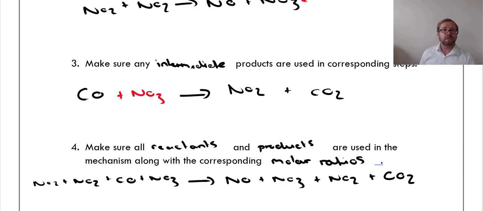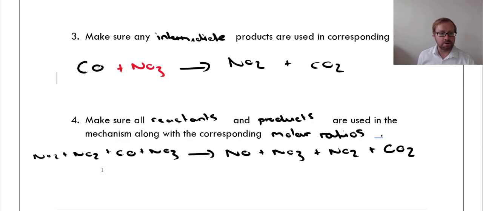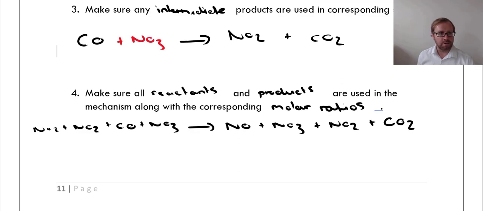So all I've done is take the reactants from the first step and the second step, added them together, and the products from the first and the second step. Now I'm going to cancel out and see what I'm left over with. Okay, so I have two NO2s on this side, I have one NO2 on this side, which must mean that one of these cancels out. Do I have anything else which is the same? Yes, I do. So I have NO3 here and NO3 here.